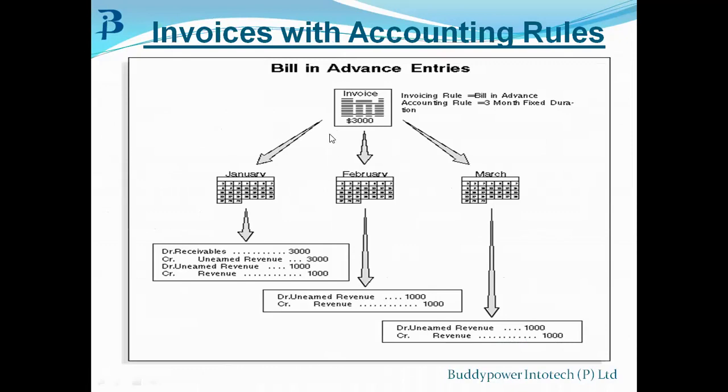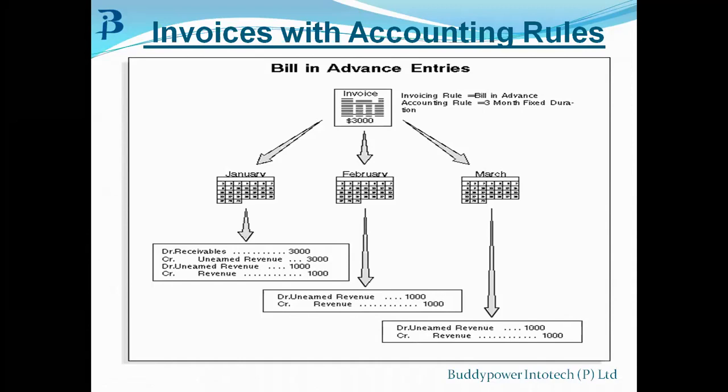Say for example, the company provides services to the client and has entered into a contract for 3 months. It's a 3 month fixed duration for $3,000 for the months of Jan, February, and March. Then you should recognize the revenues in that particular month, even though you may have received the payment in advance.